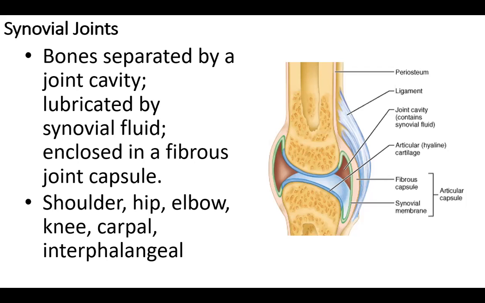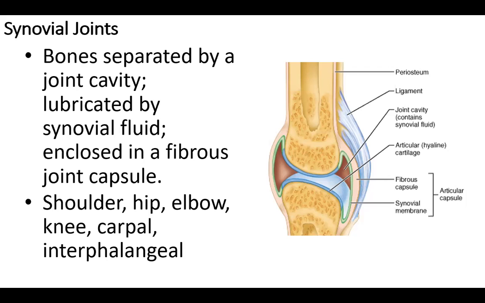And that allows the flexibility of the joint without any friction at all. And so we have each end of our bone covered with hyaline cartilage to prevent them rubbing together. Then we have this capsule that forms around these two bones. And within the capsule, we have the fluid, and we keep generating synovial fluid. So we have free range of motion without any irritation or any kind of pain.